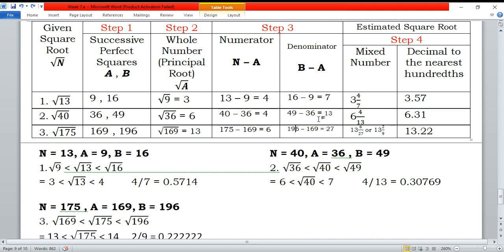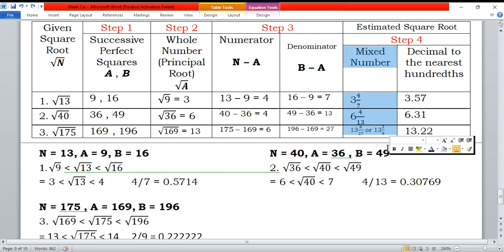Tapos, yung A will still be the same as A na nandito. 9, 36, 169. Pag nakuha na natin difference nila, gagawin natin siyang fractional form. Ito yung numerator. Ito naman yung denominator. Para dito sa mixed number na magagawa natin.